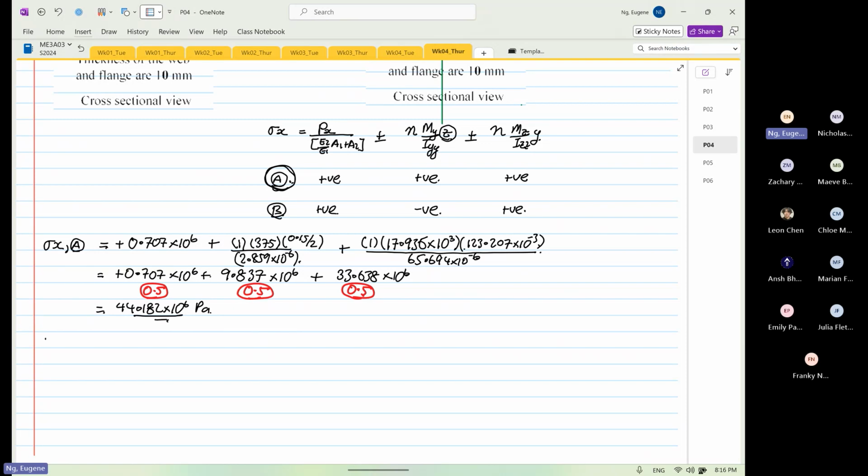Okay. If we were to just calculate stress X at B, you will have positive 0.707 times 10 to the power 6, and then minus 9.837 times 10 to the power 6, plus 33.638 times 10 to the power 6. So 0.707 plus 33.638 minus 9.837 will be equal to 24.509.